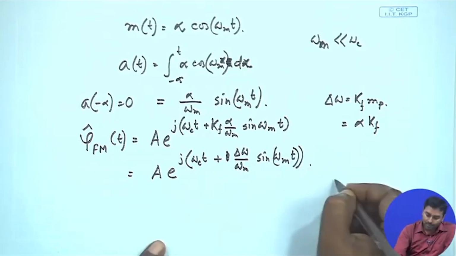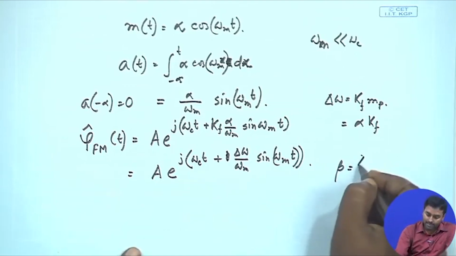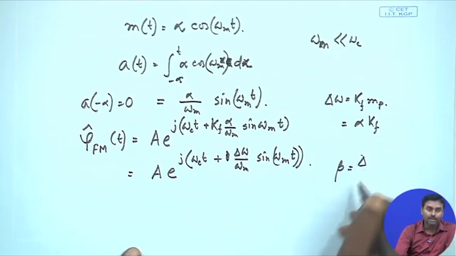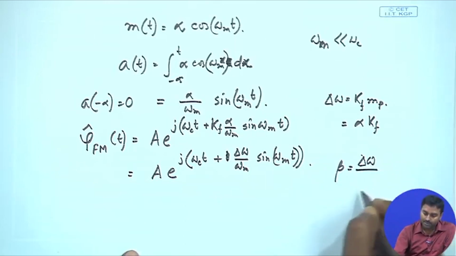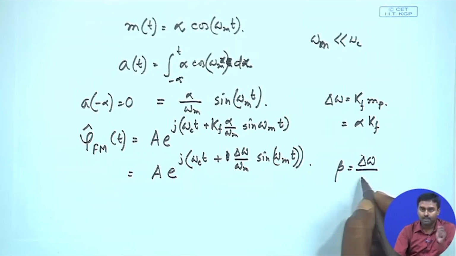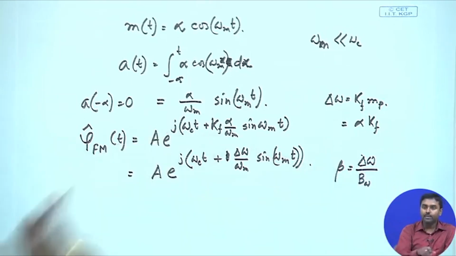Okay. Now, what is beta? That deviation ratio, that was actually del f, or if I represent it in terms of omega, that should be del omega divided by the bandwidth in omega domain, okay. Now, for this particular message signal, what is the bandwidth? It is just a tone at omega m.